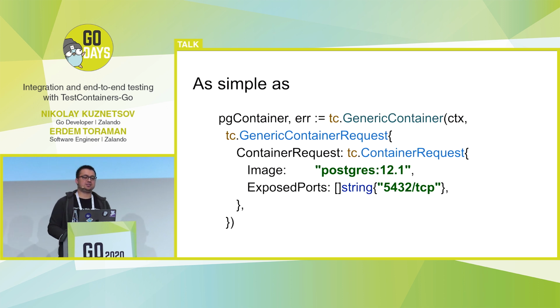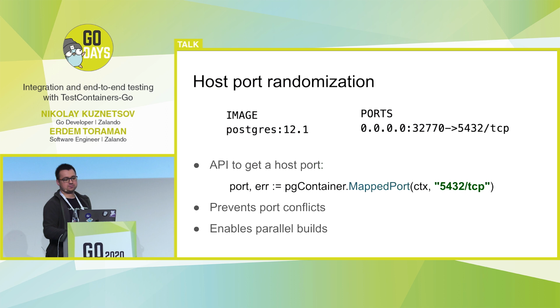So the API is simple like this. There are 2 entities. One is the container request, and the other is the container itself, which is started. In this case, we just want to run the latest version of Postgres, and we want to expose a specific port of that container to the host environment.